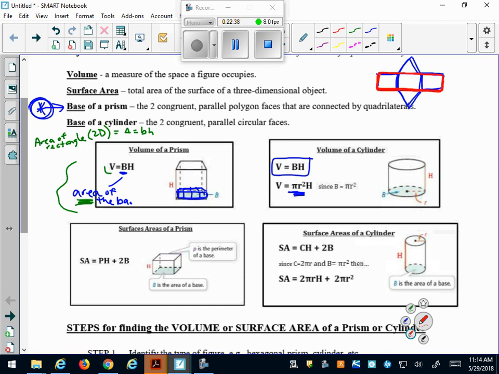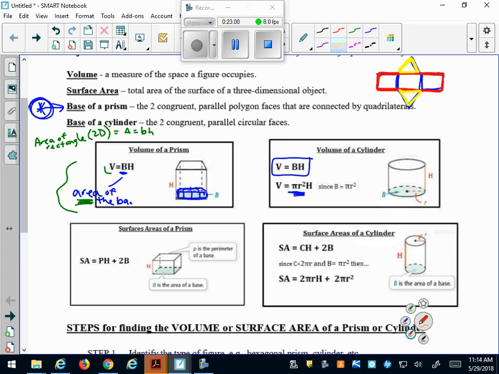You are going to have to find the area of each of the bases, so you just need the area of one of them, and then double it, because we said that the bases had to be congruent, correct? Right? So just find the area of one base, multiply by 2, because there's 2 of them. But then what's left?